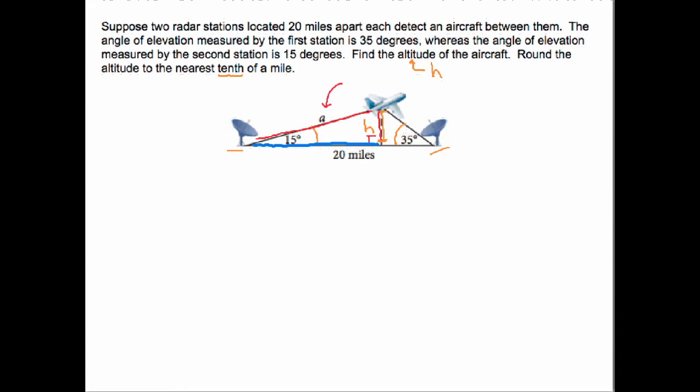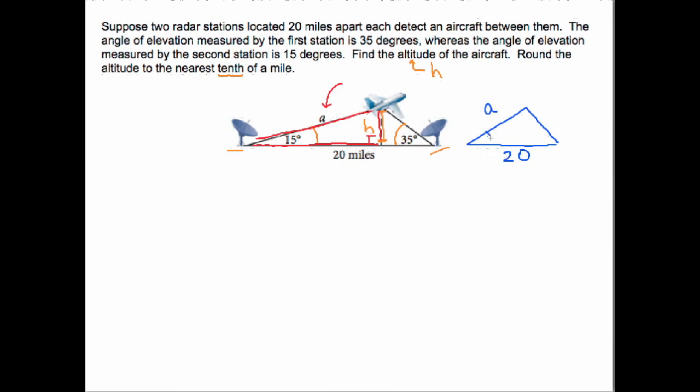Now to find side A, what I'm going to do is I'm going to resketch the triangle that is formed by looking at the plane and those two radar stations. I have a side A here, a side of 20 here, and I have angles.